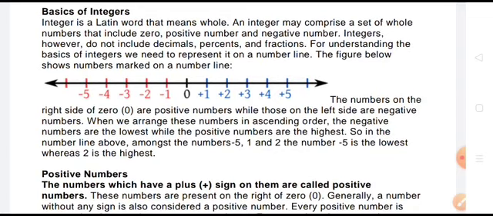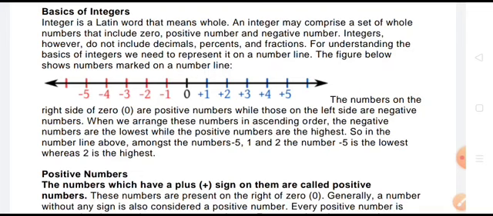Integer is a Latin word that means whole. An integer may comprise a set of whole numbers that include 0, positive numbers and negative numbers. Integers, however, do not include decimals, percentages and fractions.